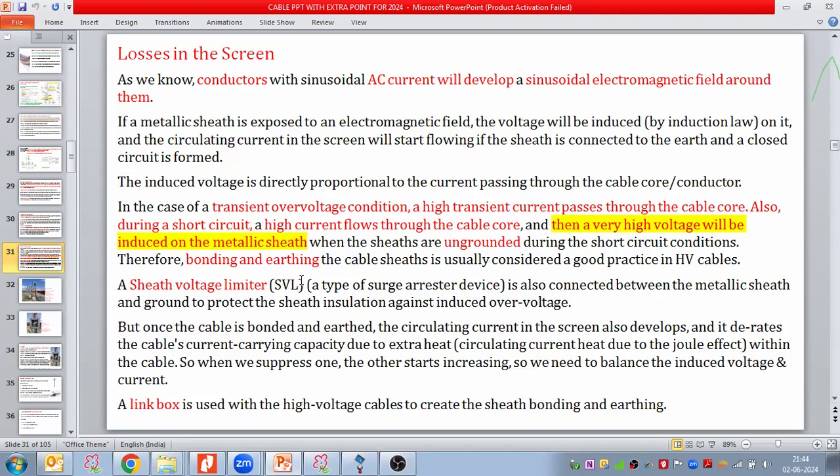This is basically a surge arrestor, but I'm using it for the cable. So for the cable, the surge arrestor is renamed as a sheath voltage limiter. A type of surge arrestor device is connected between the metallic sheath and ground to protect the sheath insulation against the induced overvoltage.